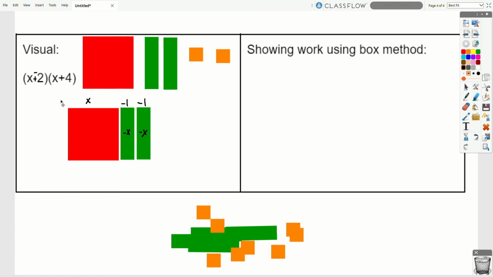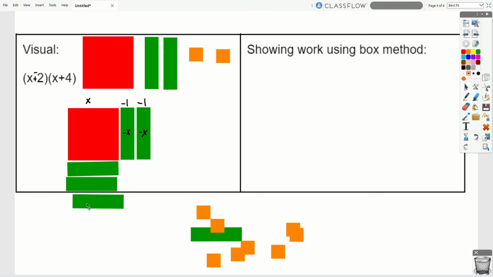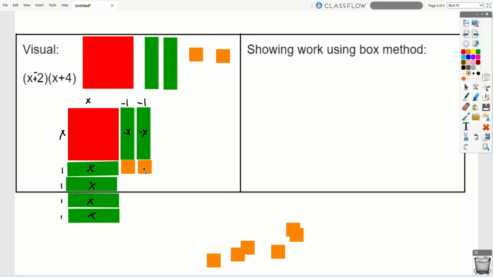And so now we want x plus 4 on the other side. 1, 2, 3, 4. And since these ones are positive 4, these will be positive x. And so we fill in the rest using these squares, and that's going to be 8 squares total.